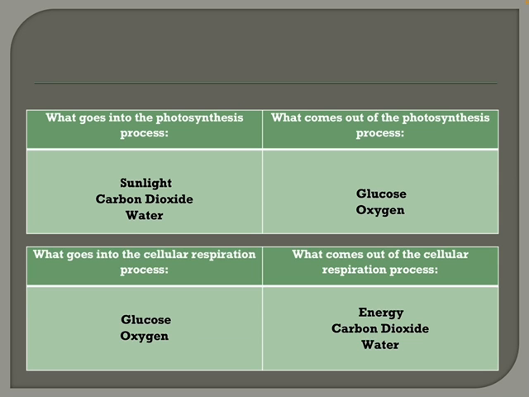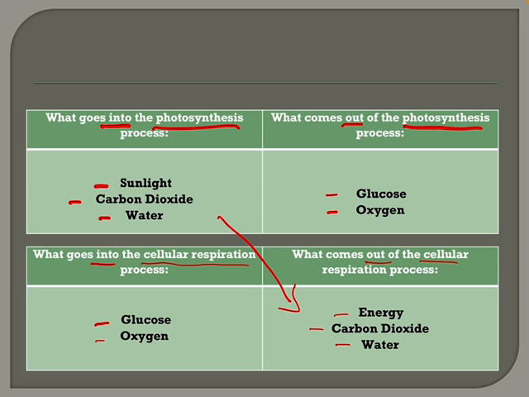So this is just another quick slide to show you the products and reactants. So what goes into photosynthesis? You have sunlight, carbon dioxide, and water. What comes out of photosynthesis? You have glucose and oxygen. What goes into cellular respiration? Glucose and oxygen. And what comes out of cellular respiration? Energy, CO2, water.